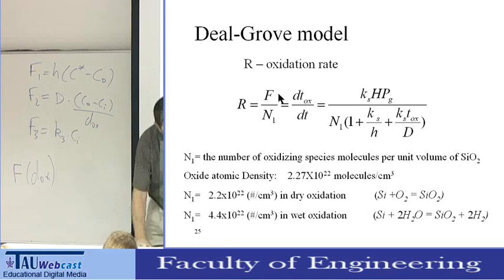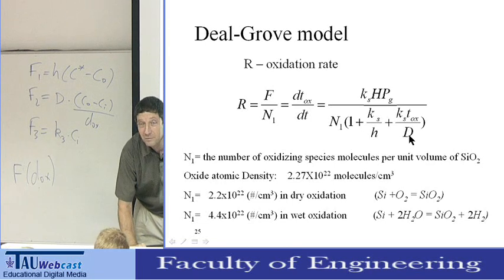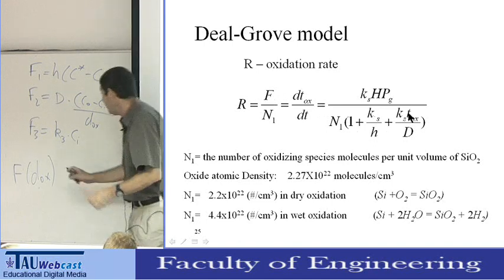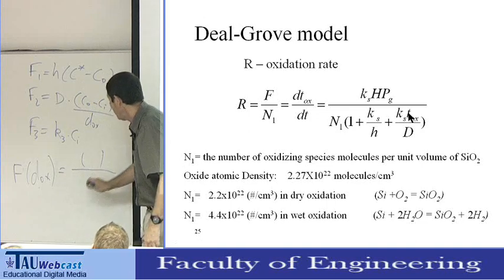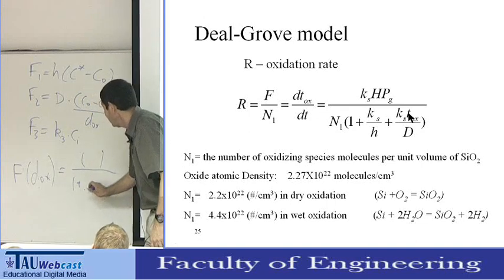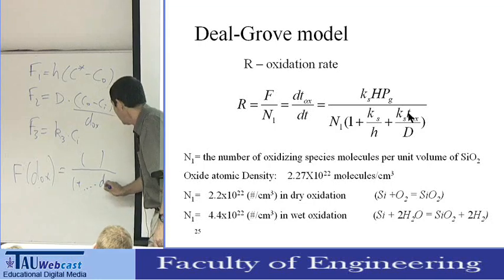So I find that F becomes a constant divided by 1 plus Ks over H plus Ks T oxide over D. I find F as a function of T oxide. And when I do this, I find that it's an expression of a constant, 1 plus a constant times the oxide thickness times a constant.